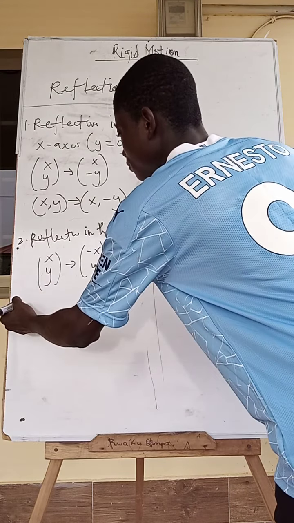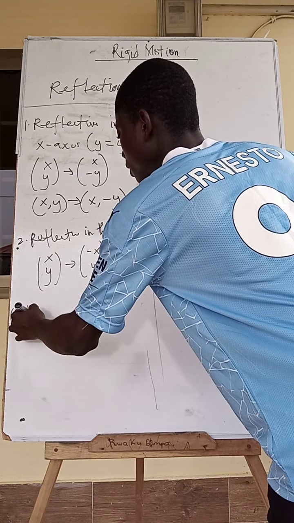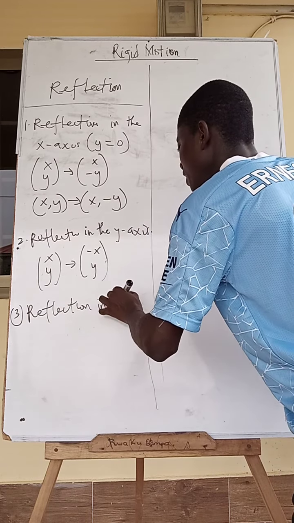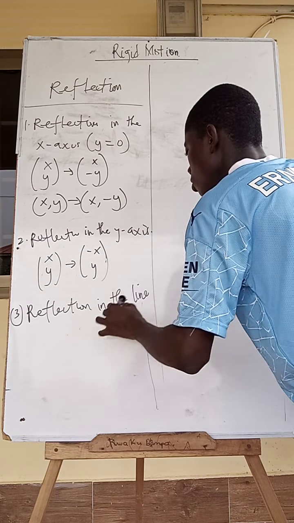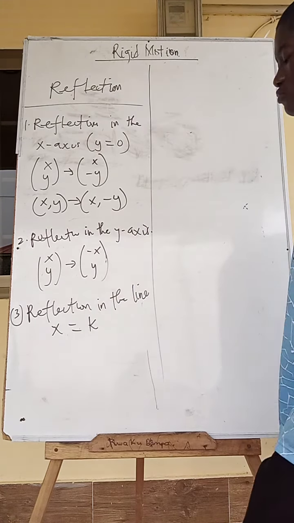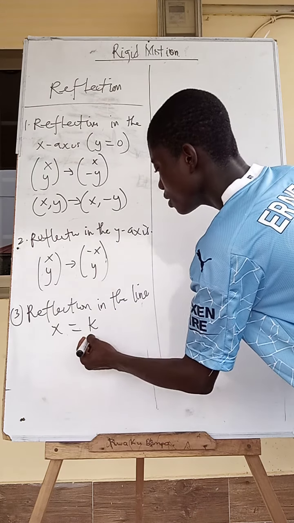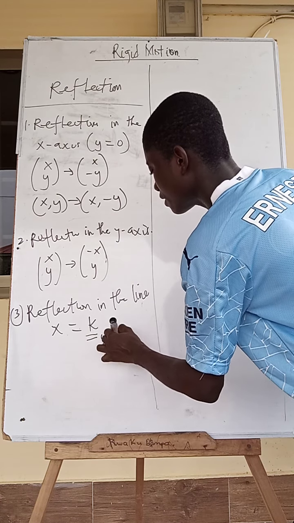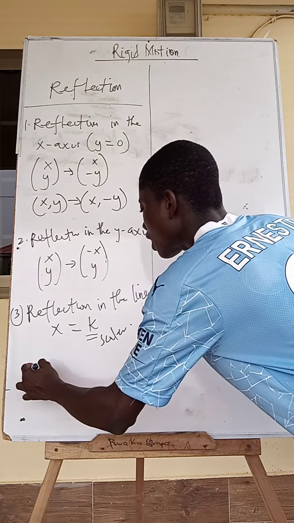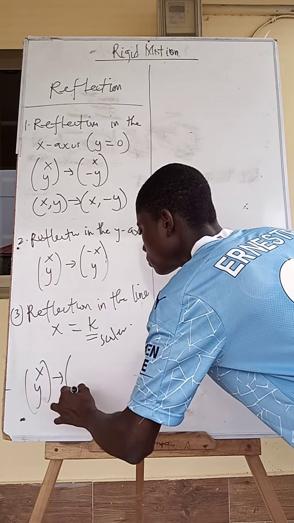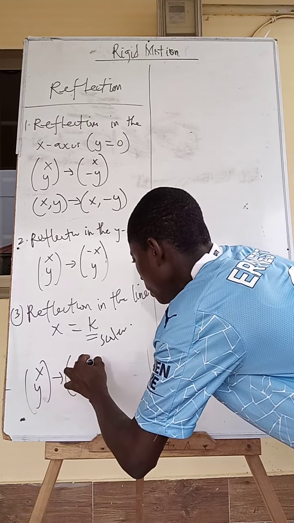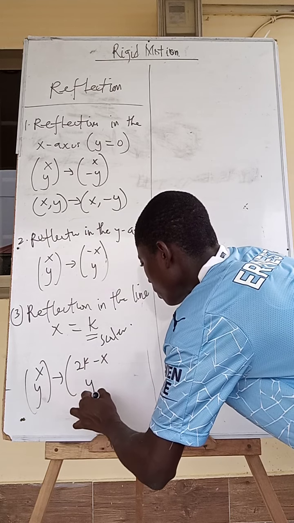Let's take the next one, number 3, reflection in the line x equal k. Here k is a scalar, it's a number. So we see our (x, y) maps to (2k minus x, y), y is constant.